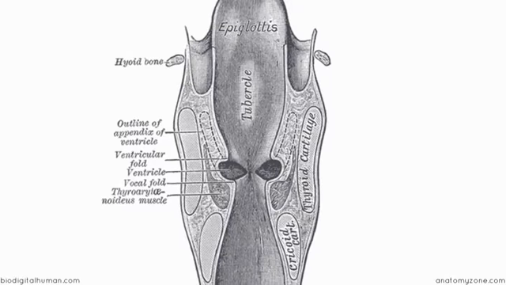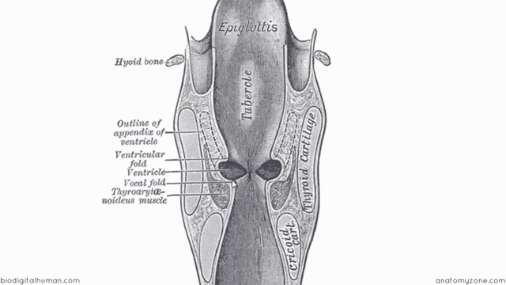So we're looking here at a coronal section of the larynx. You've got the epiglottis at the top, and you've got these folds of mucosa coming off here. What we're looking at is the mucosa descending into the larynx, and it folds outwards laterally underneath the vestibular ligament, and then it comes back out and it folds over the vocal ligament.